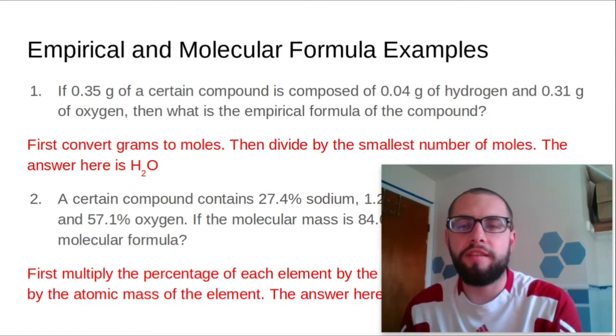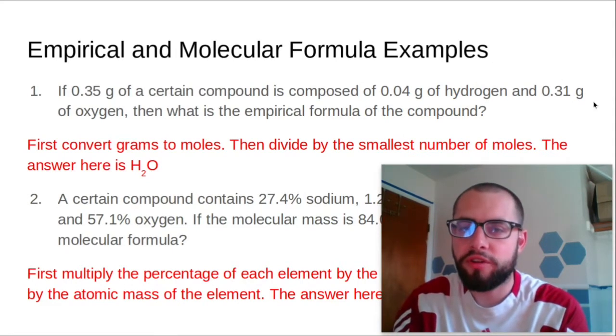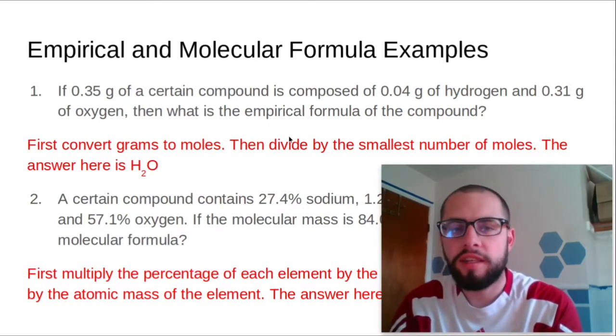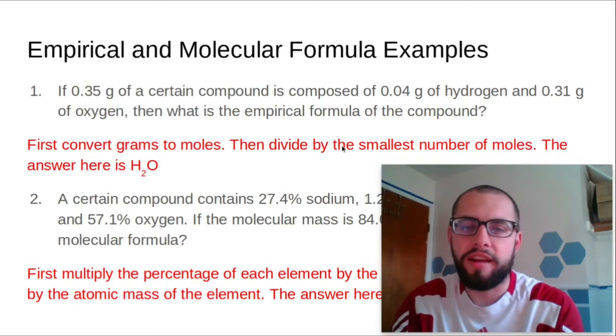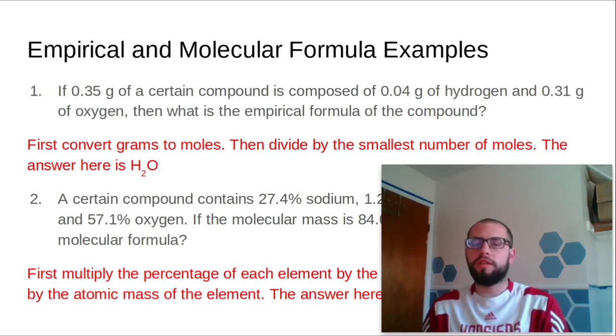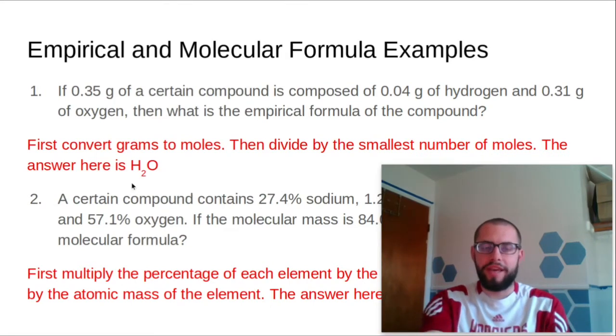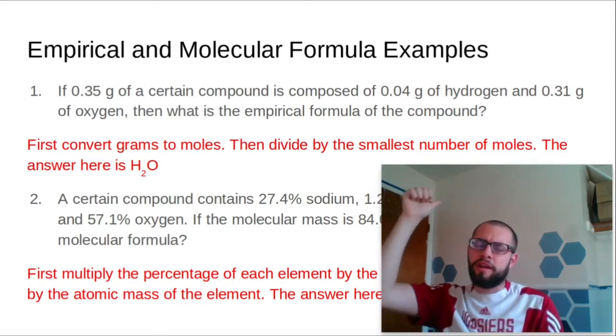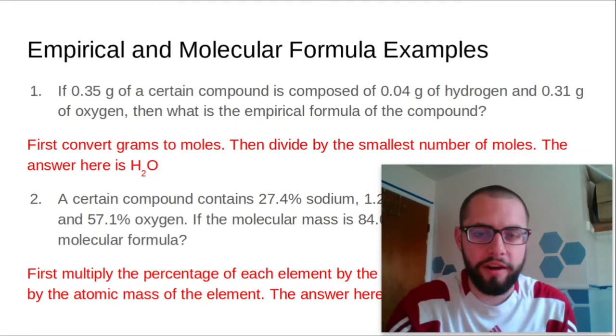That's going to give me two answers, two different numbers of moles. Whichever number of moles is the smallest, I'm going to use that number to divide both answers. And that should make me end up with whole numbers. In this case, it'll be H2O. And like I said, this will make a lot more sense when we do it on the wall back there.